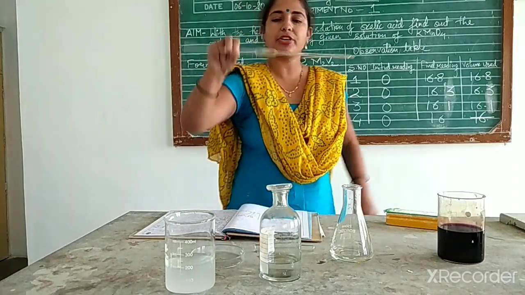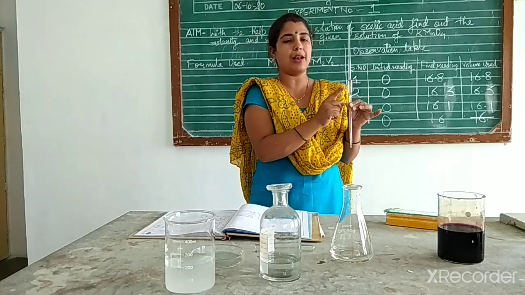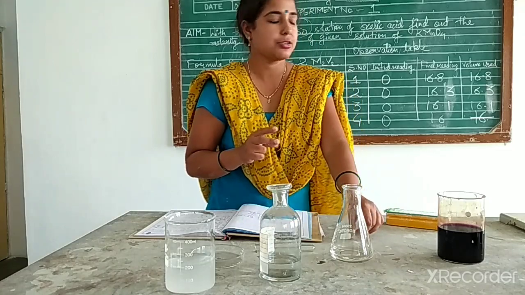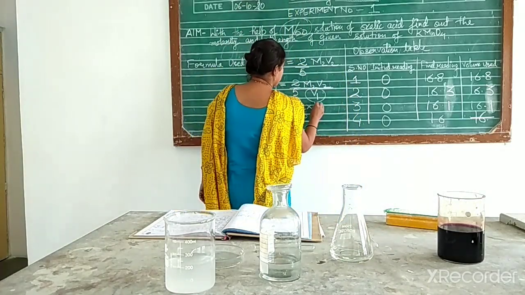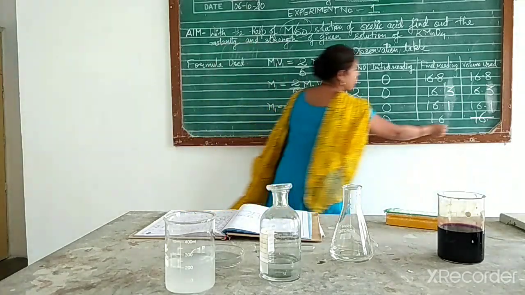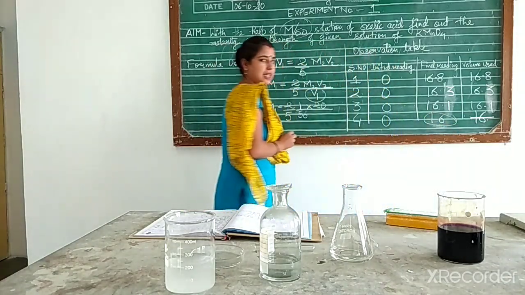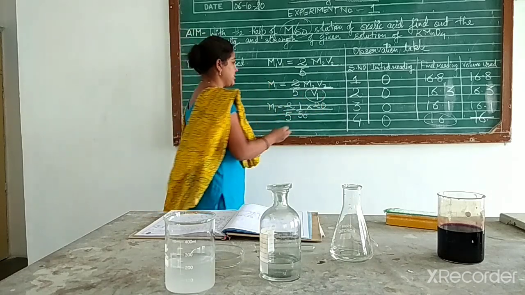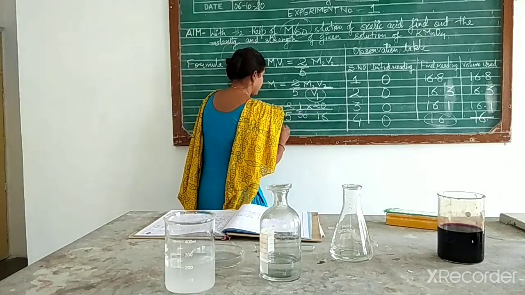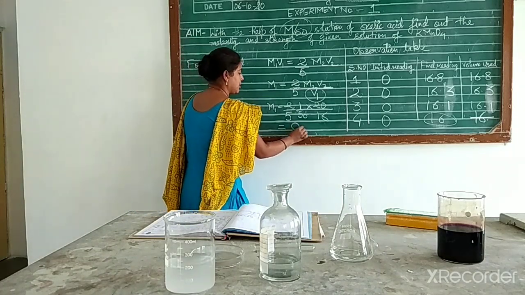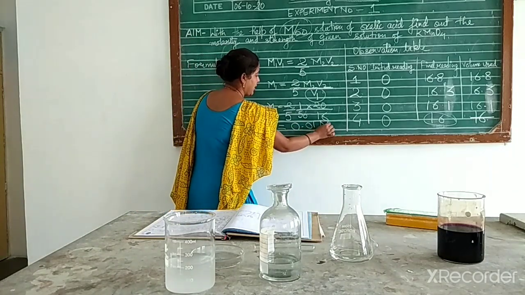The volume of oxalic acid we have taken with the help of this pipette is 20 ml. So the value of V2 will be 20 ml, and the value of V1 comes from here. It is 16. Thrice I got 16. So the final reading I am taking as 16. Now solving this, the value of M1 comes out to be 0.01 M.